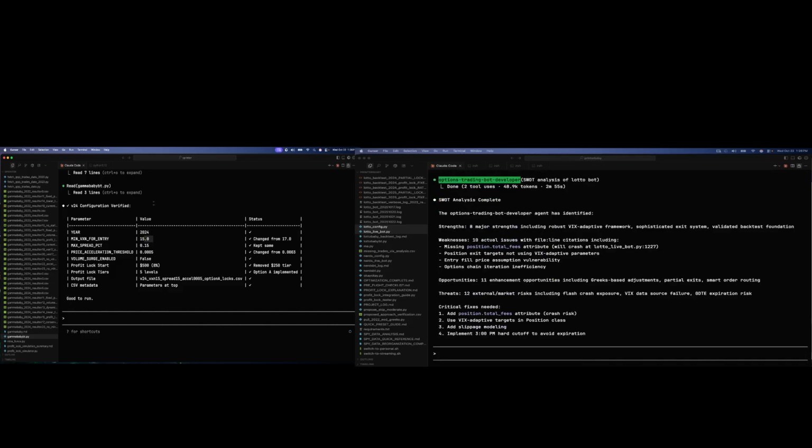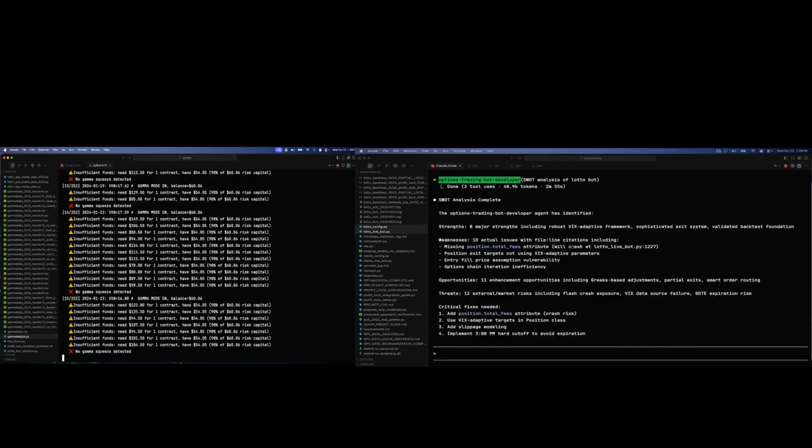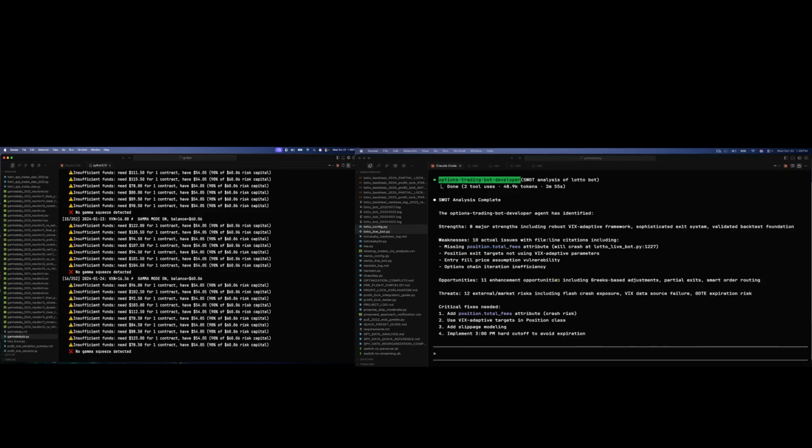8 major strengths, including the robust VIX adaptive framework, the sophisticated exit system, the validated backtest foundation. Weaknesses: 10 actual issues with file line citations, including the missing position total fees attribute that will crash the lotto bot, the position exit target not using the VIX adaptive parameters, the entry fill price assumption vulnerability, and the option chain iteration inefficiency.